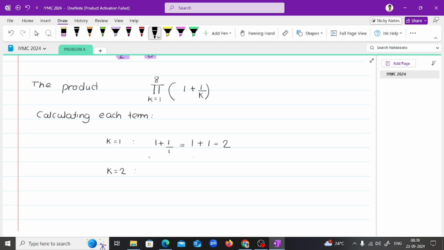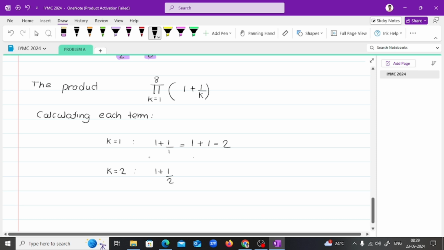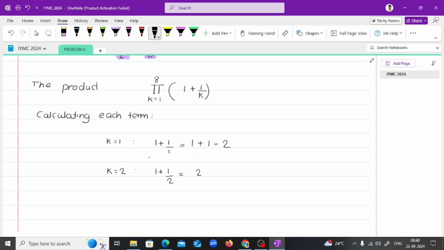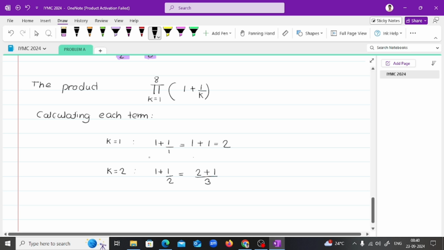So for k is equal to 2, it will be 1 plus 1 upon 2. We can add these two numbers by making the denominator the same, and we can do this by multiplying the first term, that is 1, by 2 in the numerator and denominator. That is, it will be 2 plus 1 upon 2, which is nothing but 3 upon 2.